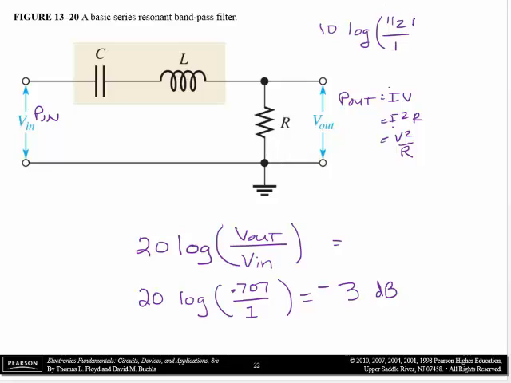So I could actually say 1/2 of P in and 1 P in. I calculate that ratio and I'll get 3 dB. Negative because this point is 3 dB lower than the maximum.